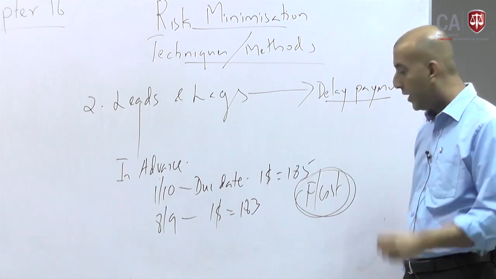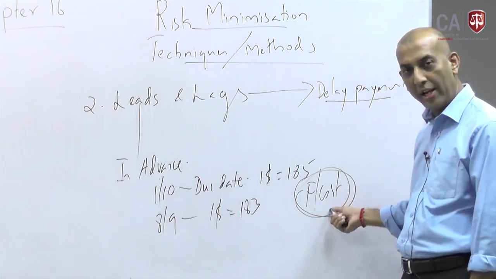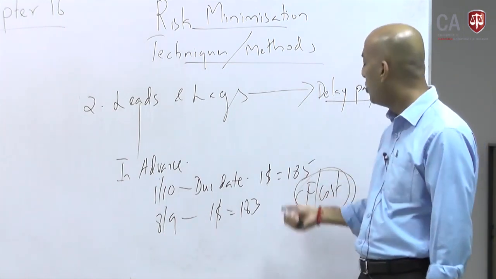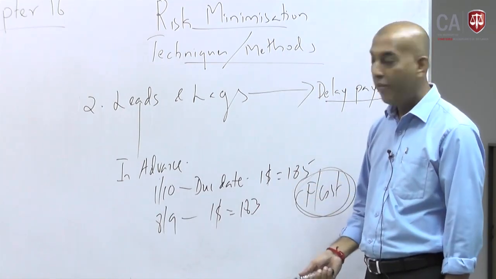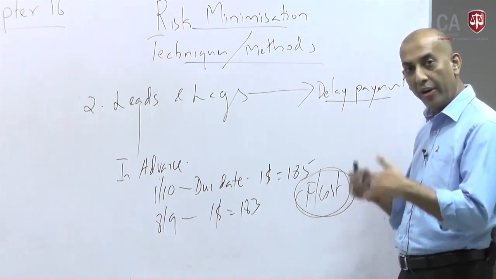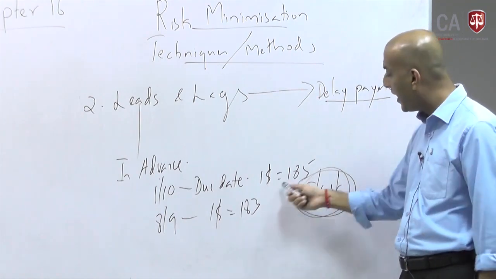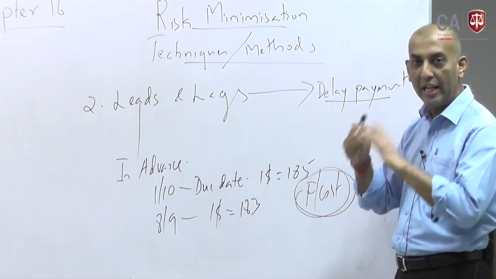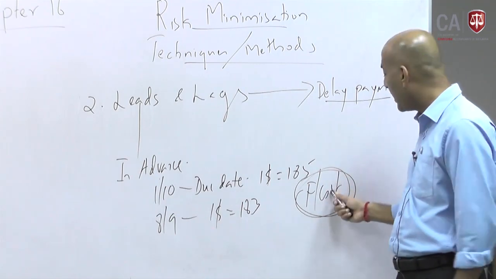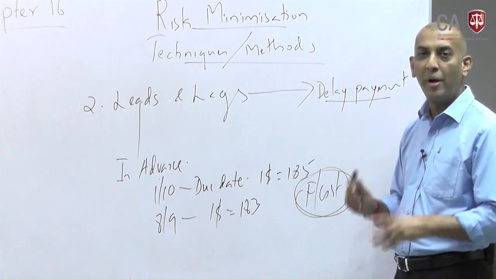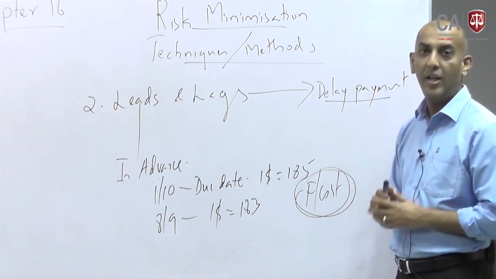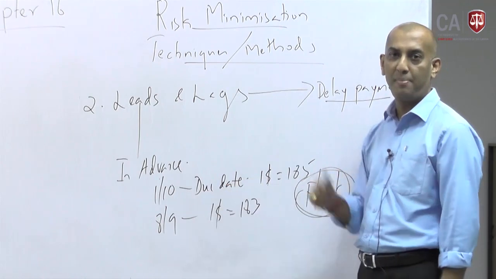So please note, this opportunity cost has to be calculated and compared with your exchange rate benefit to see what is better. If your finance cost is lower than your exchange rate benefit, then go ahead with the lead technique. If the finance cost is more expensive than your exchange rate benefit, then don't borrow money today; wait till the due date and pay your supplier.